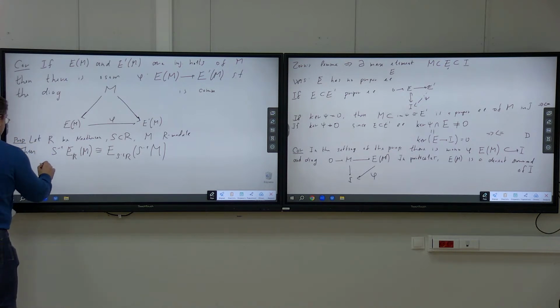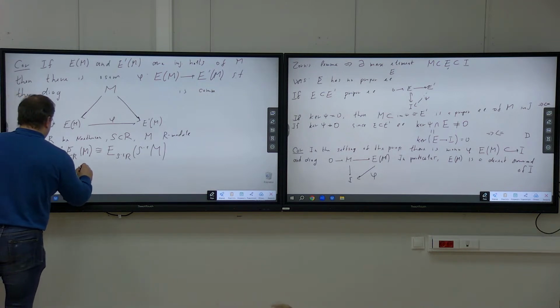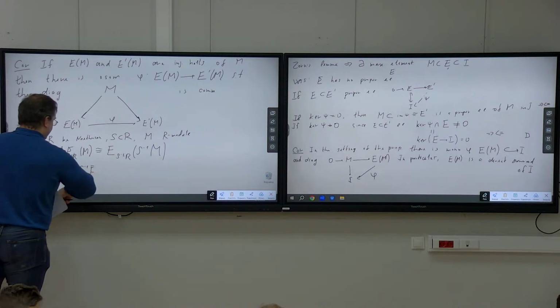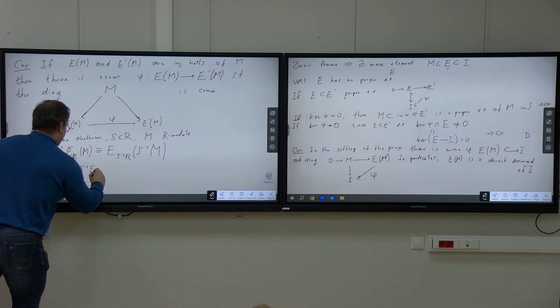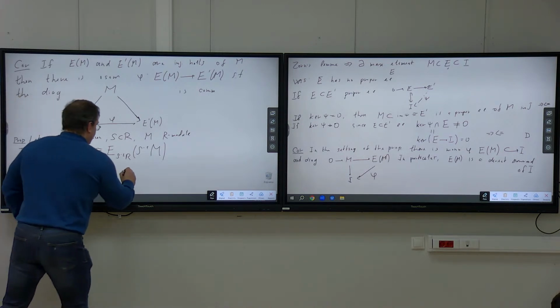Well, first of all, we already know that if we localize an essential extension, right, so that M into the injective hull is an essential extension, we take localization, this is again an essential extension.